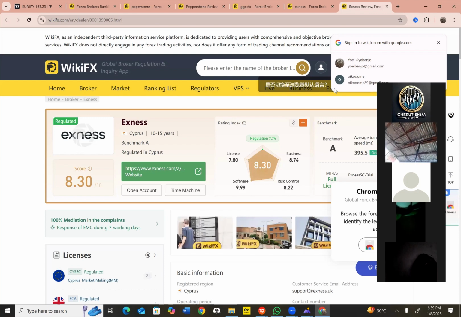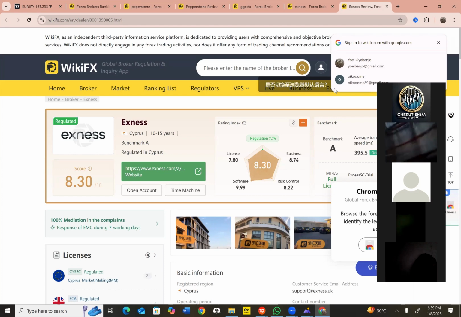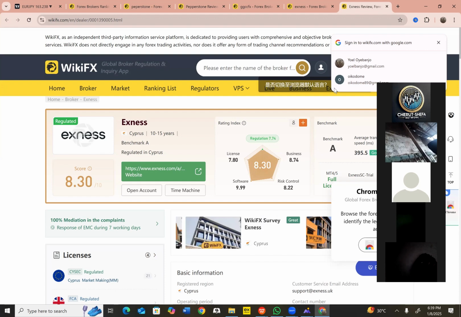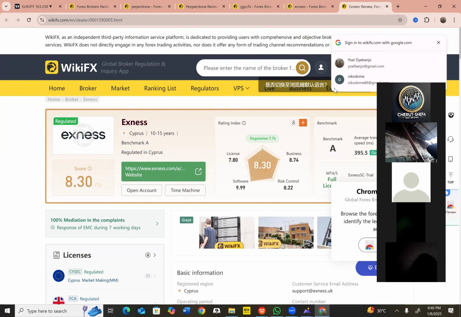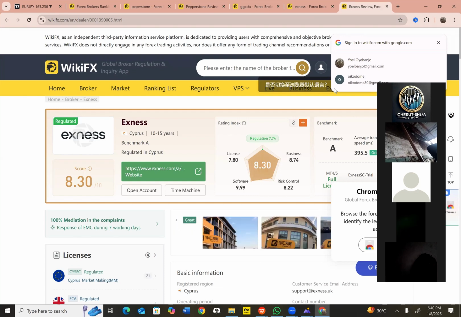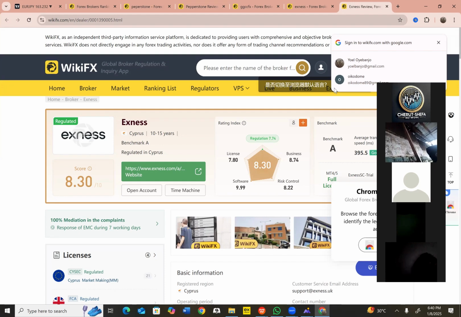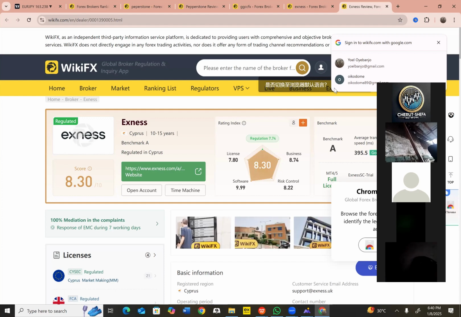Number 2, you will need a trading journal for record keeping. Please take this one very, very important. You will need a trading journal to record all your trading activities.